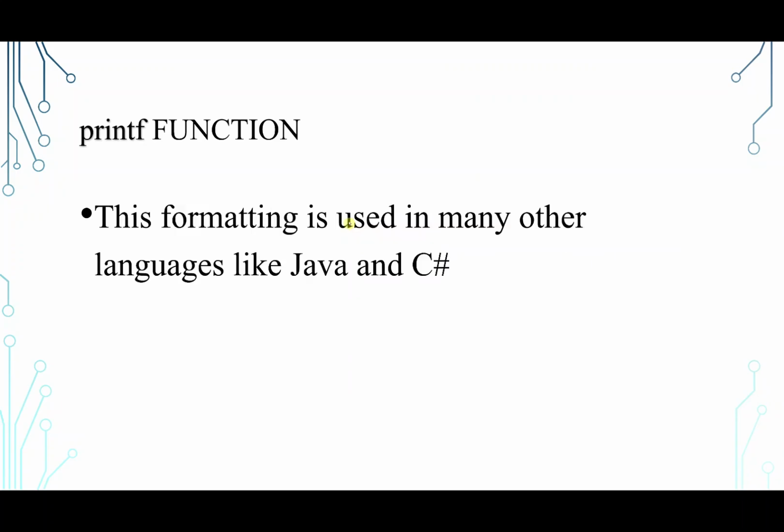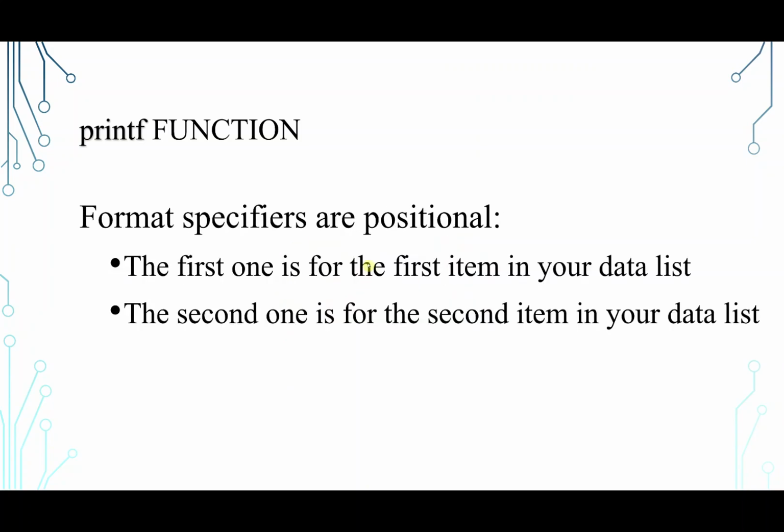So this printf function is formatting the output. And as you can see, it's in languages like Java, C#. Even though in Java, they prefer to use their own function that formats, you can still use printf the same way. So printf formatting specifiers are positional.